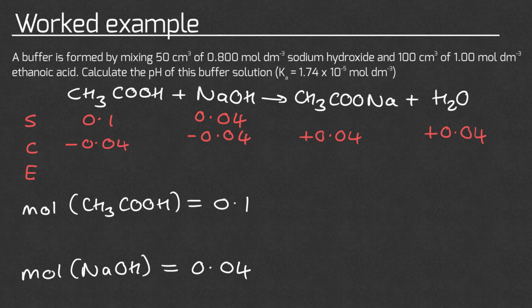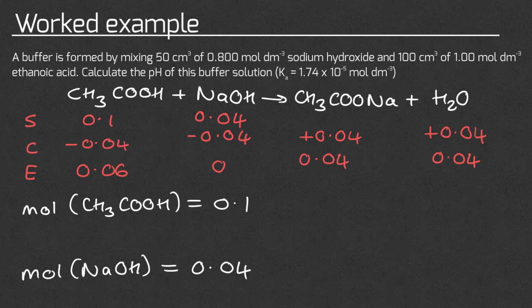This means the moles at the end of this reaction are as follows. So we have in our buffer solution 0.06 moles of ethanoic acid, no sodium hydroxide left, 0.04 moles of the sodium ethanoate salt, and 0.04 moles of water.